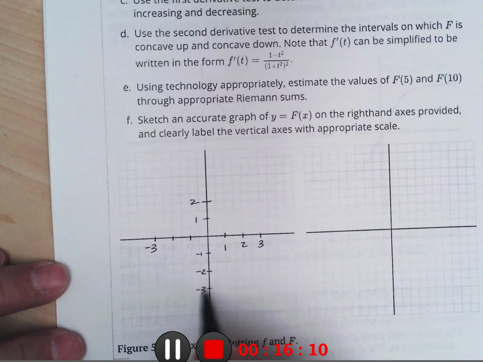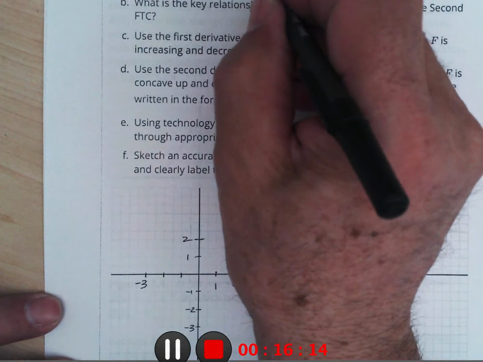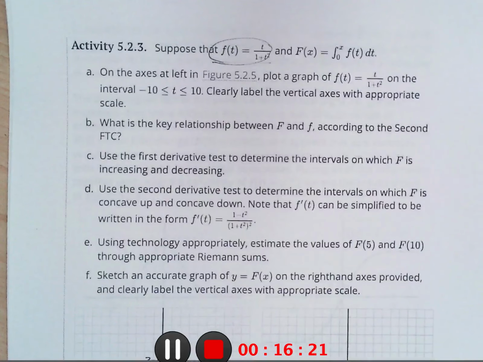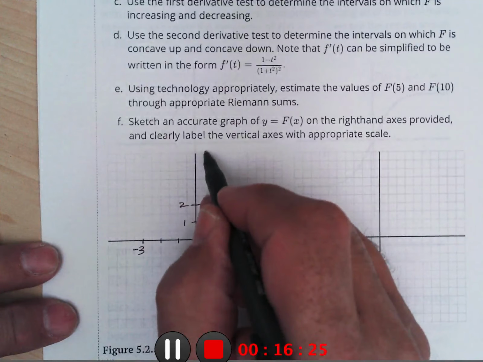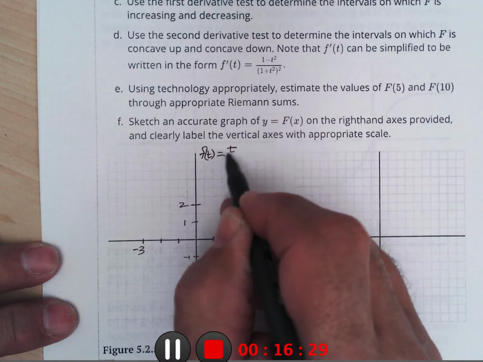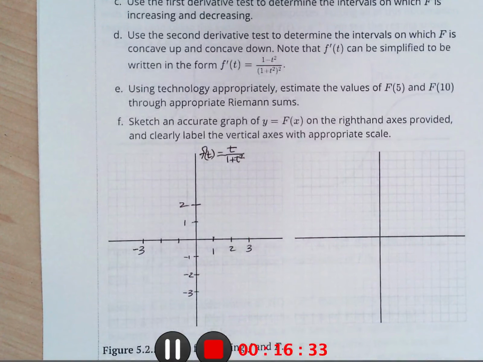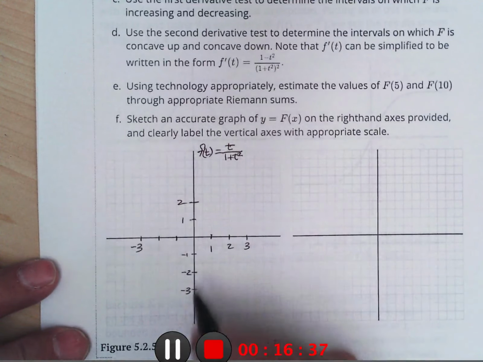Okay. So the first thing they said, let's graph that. That's t over 1 plus t squared. So f of t is t over 1 plus t squared. So if I put in 0, I get 0 over 1, which is 0.